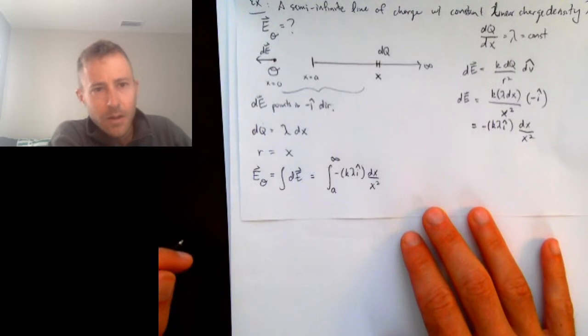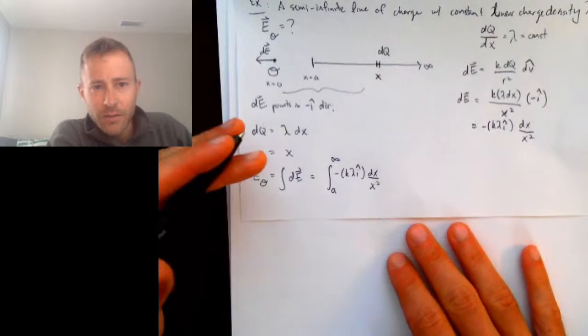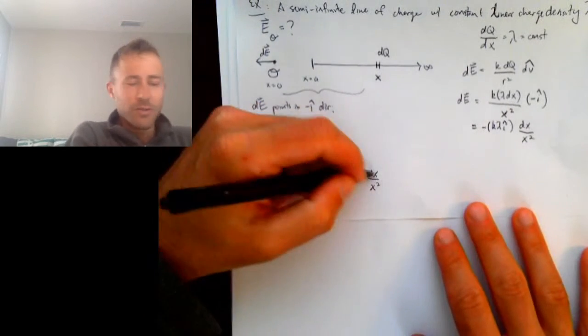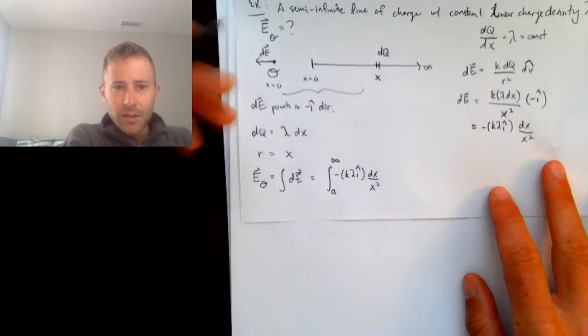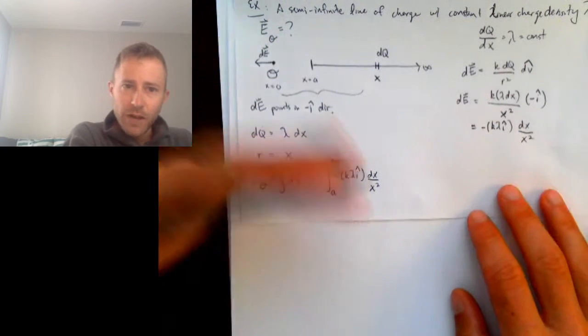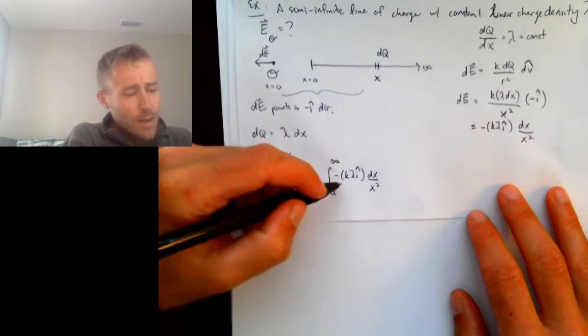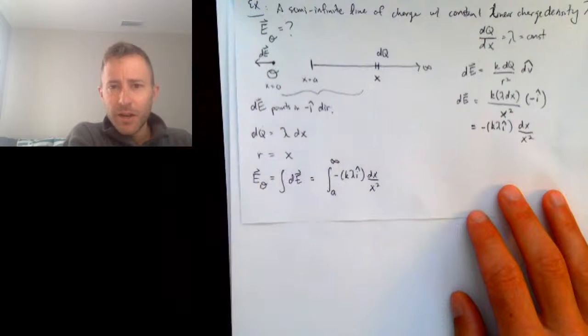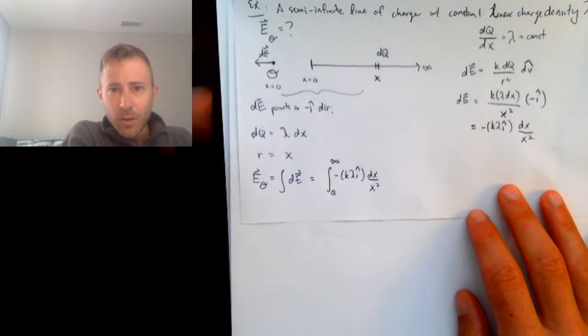All right. So now what I can do is factor out, since my integration variable is x, anything that doesn't depend on x. So I can factor out k, I can factor out lambda, and I can factor out i hat. Why is that?